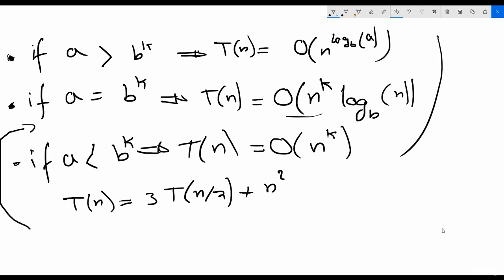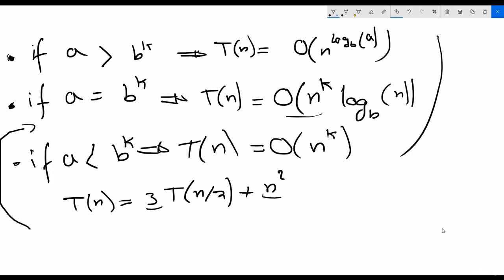Let's say you have some algorithm that for every problem divides the problem into 3 subproblems. It makes 3 recursive calls, and whenever it combines the subproblems, it uses an algorithm that has complexity n squared. Now, what is the overall complexity of this recursive algorithm?